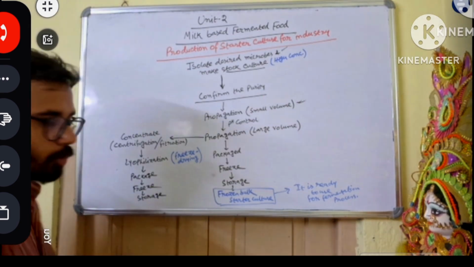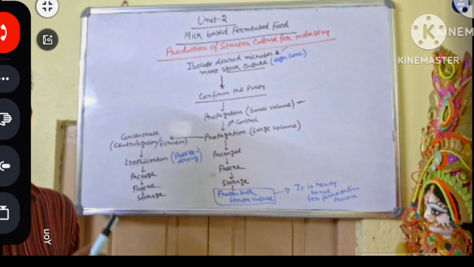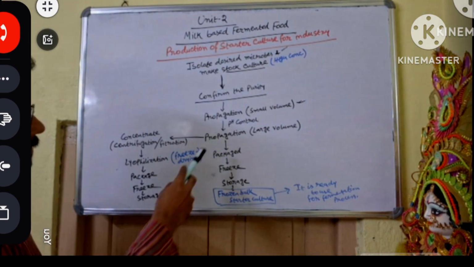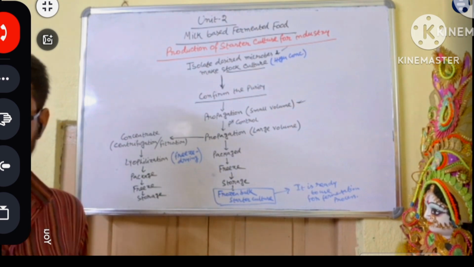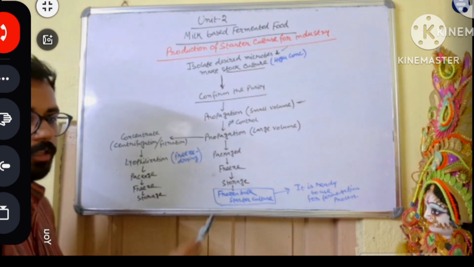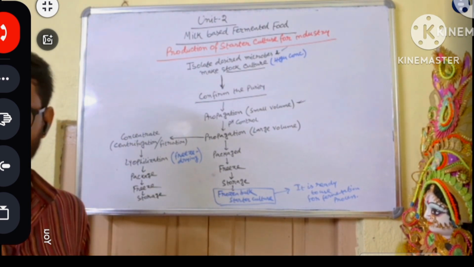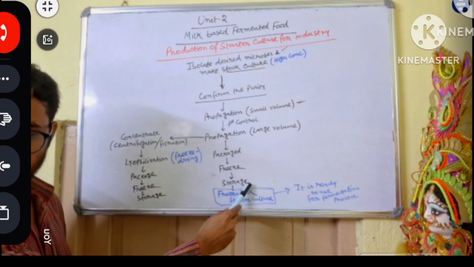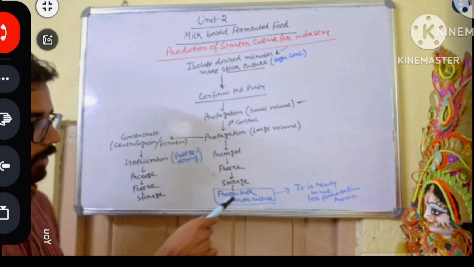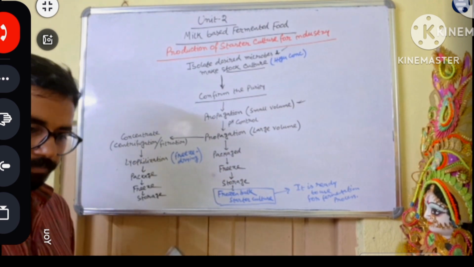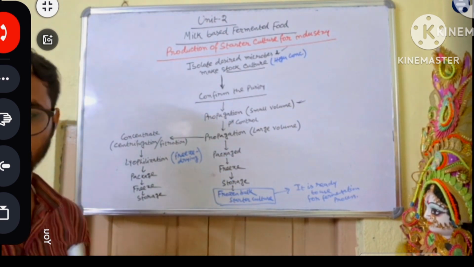But this storage could be 1 year also, because you lyophilized the culture. But in the first case, you just package and freeze it at low temperature, and that storage is only for a week or 2 weeks. So that starter culture should be used within 2 weeks.